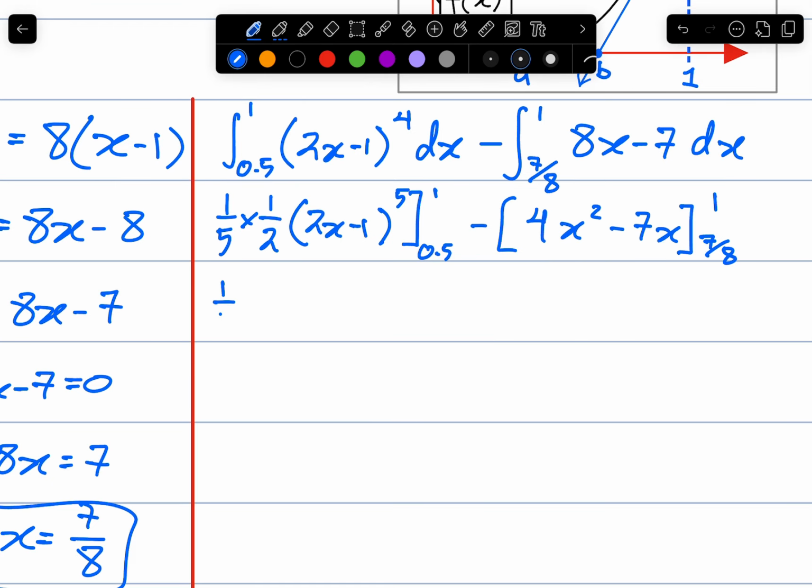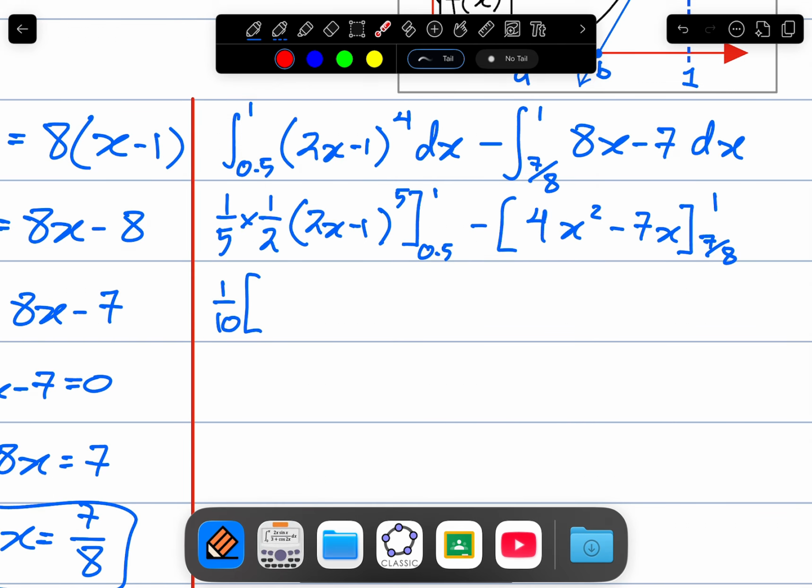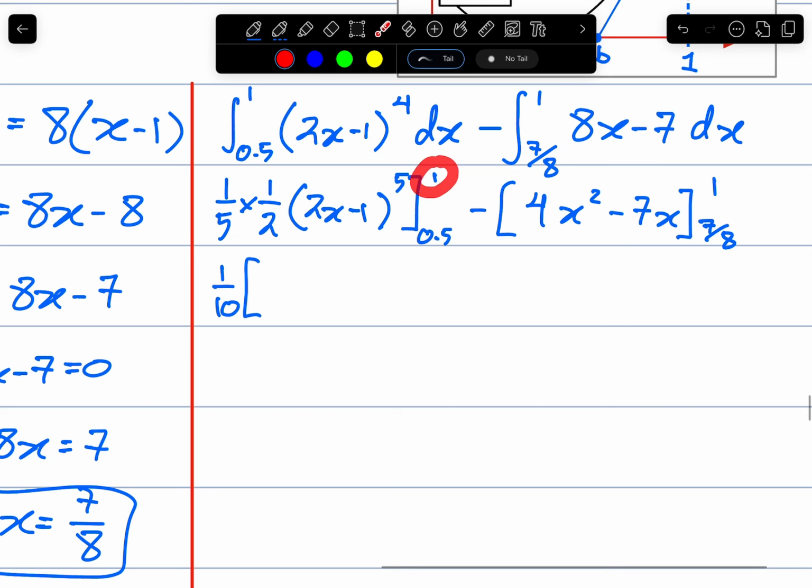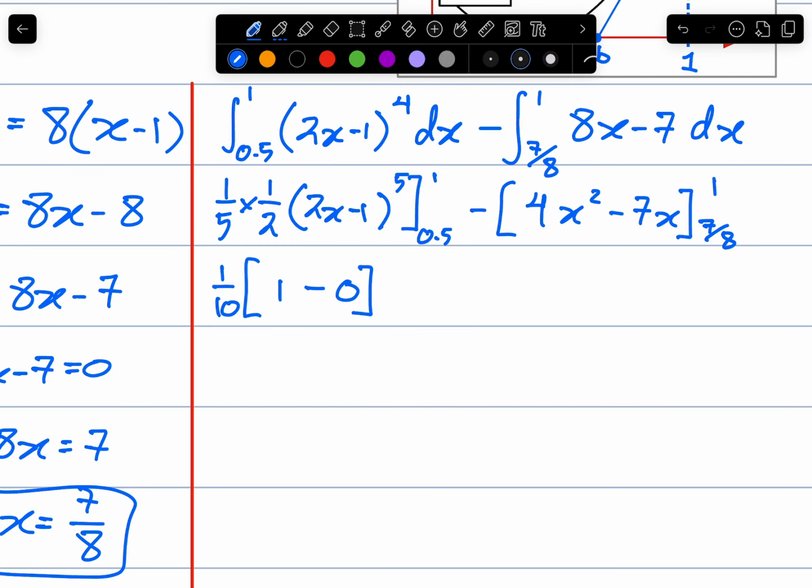So this becomes 1/10. Substituting in 1 here, 1 is (2 minus 1) to the power of 5, so 1. Minus, substituting half into here, 2 times half is 1, minus 1 is 0, to the power of 5, that's going to be 0.